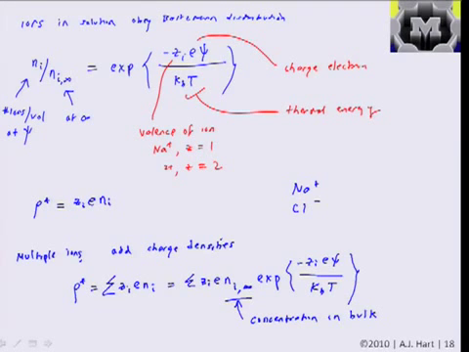So what we can do is we can take this expression for the charge density and we can just substitute it back up into Poisson's equation, and then we have what's called the Poisson-Boltzmann equation, and we can solve it under some special conditions.